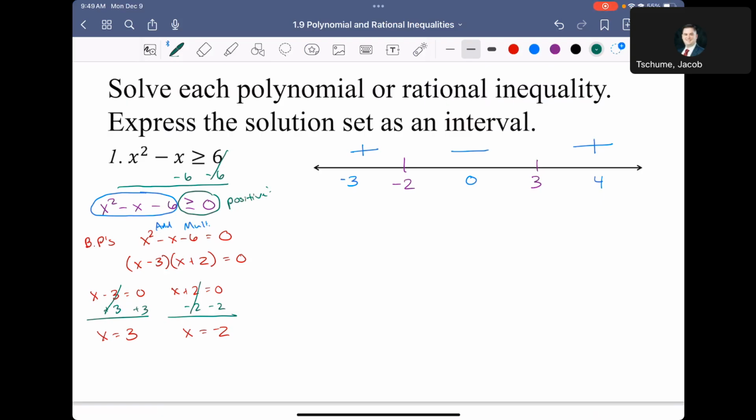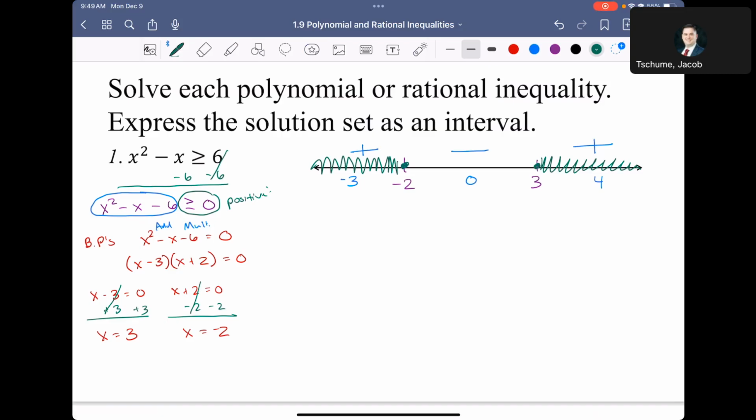And so if I look at my graph here, I notice that this side of -2 and this side of +3 are positive. Those are greater than 0. So I'm going to shade those in. Likewise, since there is an equal sign on my problem, I'm going to put a closed dot on both of those numbers, because that's what we've learned to do since earlier in this chapter.